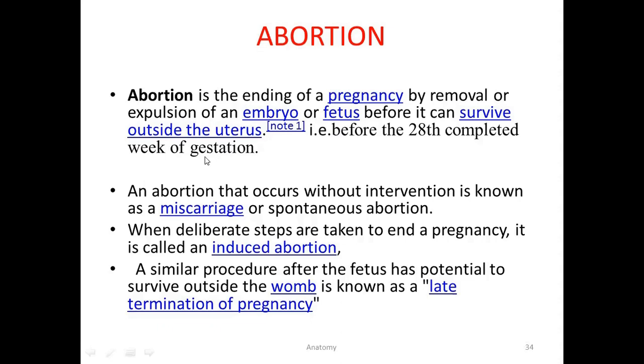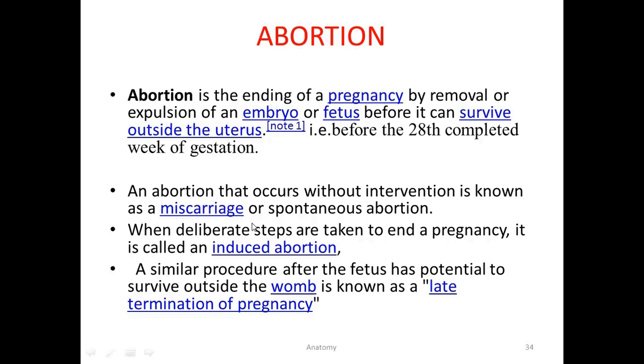So it is the ending of pregnancy by removal or expulsion of an embryo or fetus before it can survive outside the uterus, that is around 28 completed weeks of gestation. An abortion that occurs without intervention is known as miscarriage. So in a very early phase, if the pregnancy doesn't continue, we call it a miscarriage, or spontaneous abortion.